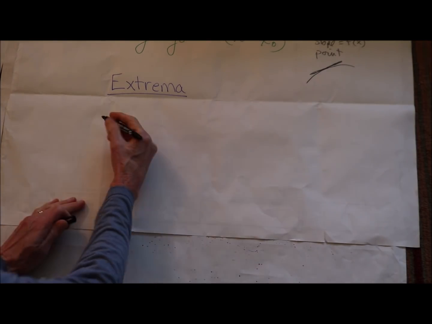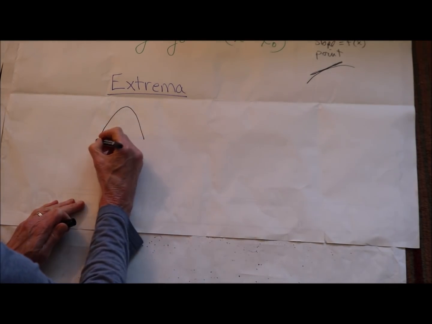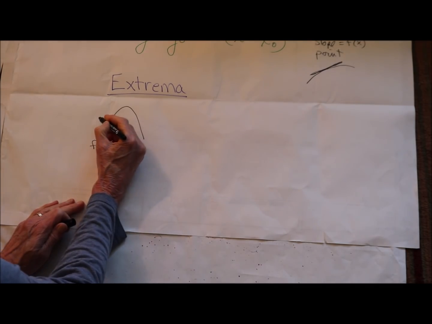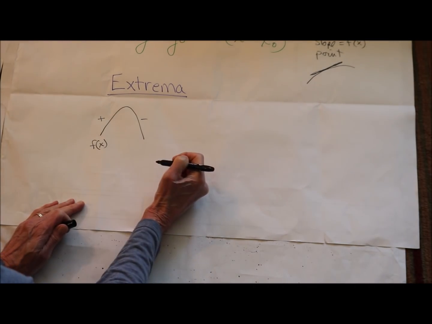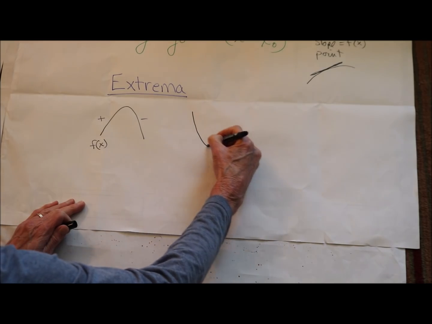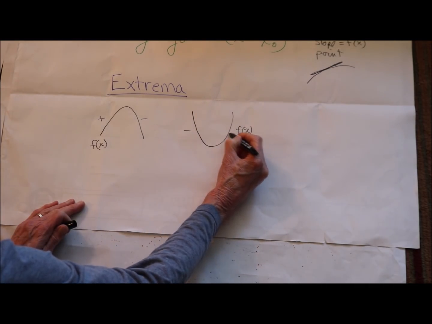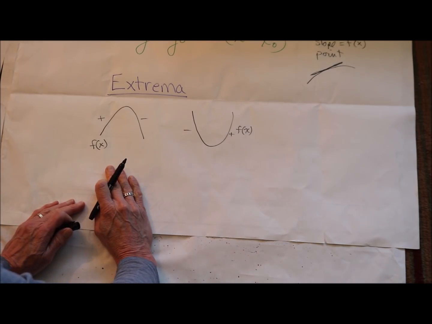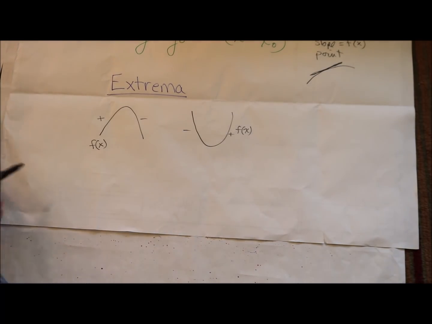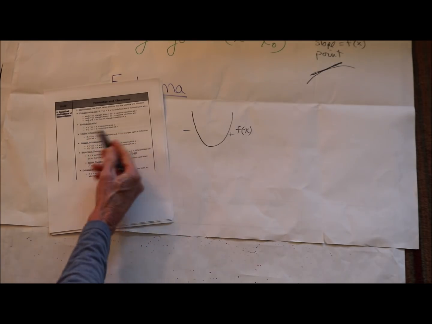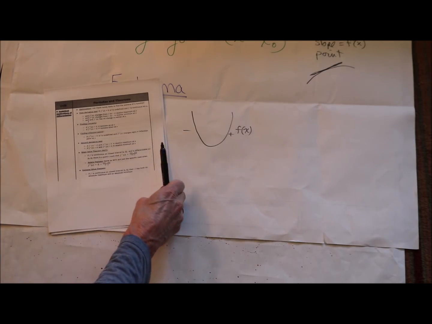You have a relative max on a function when your derivative goes from positive to negative. You have a relative min on a function when your derivative goes from negative to positive. So make sure you feel very good about all the extrema and look on your cheat sheet.